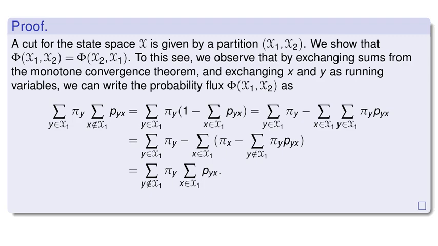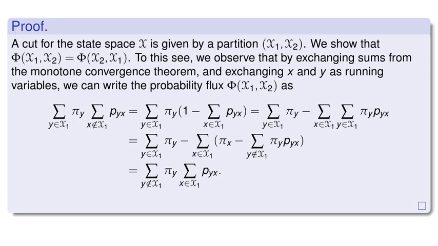The sum over y in script X1 of pi_y times the sum over x not in script X1 of P_yx. This is equal to the sum over y in script X1 of pi_y times 1 minus the sum over x in script X1 of P_yx.